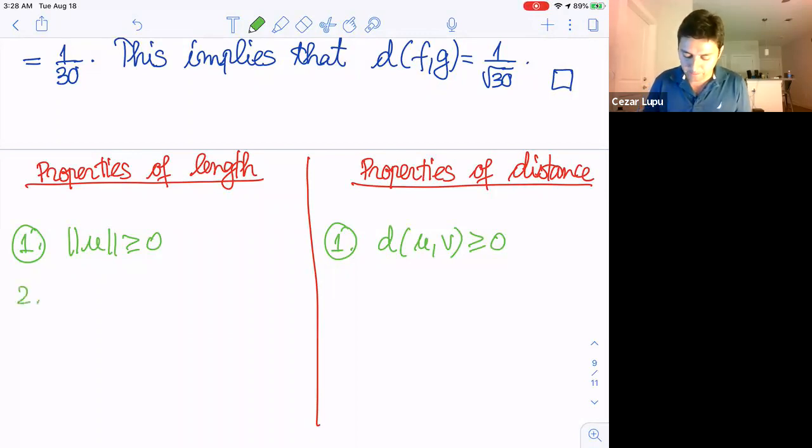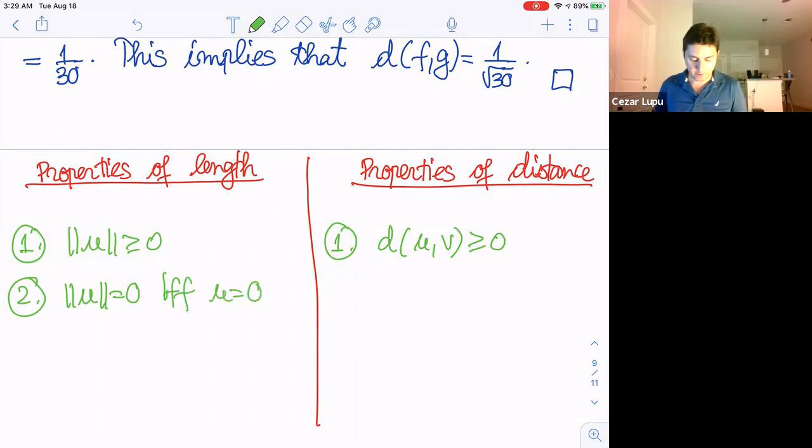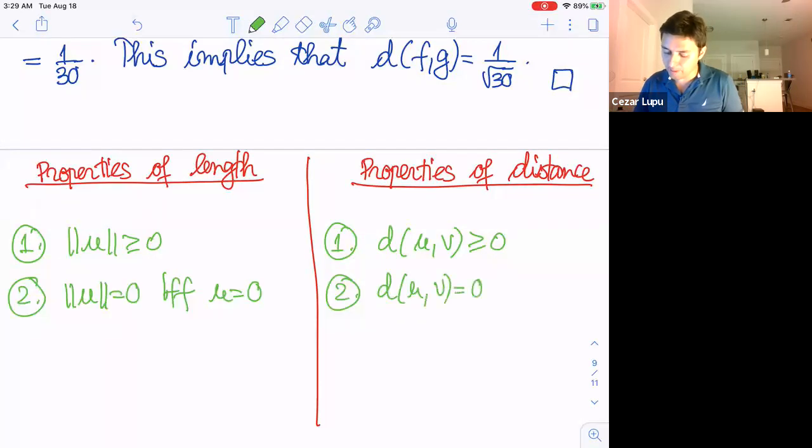The second one is that the norm of u is 0 if and only if the vector u is 0, and the same here, the distance d between u and v is 0 if and only if u equals v.